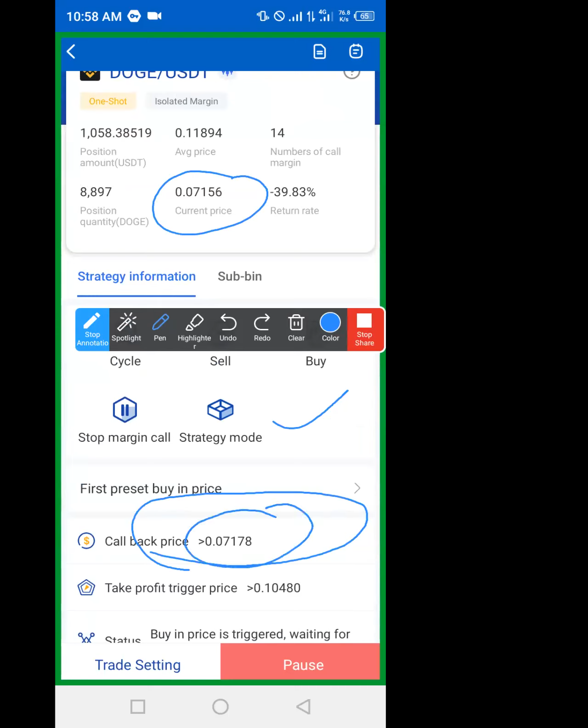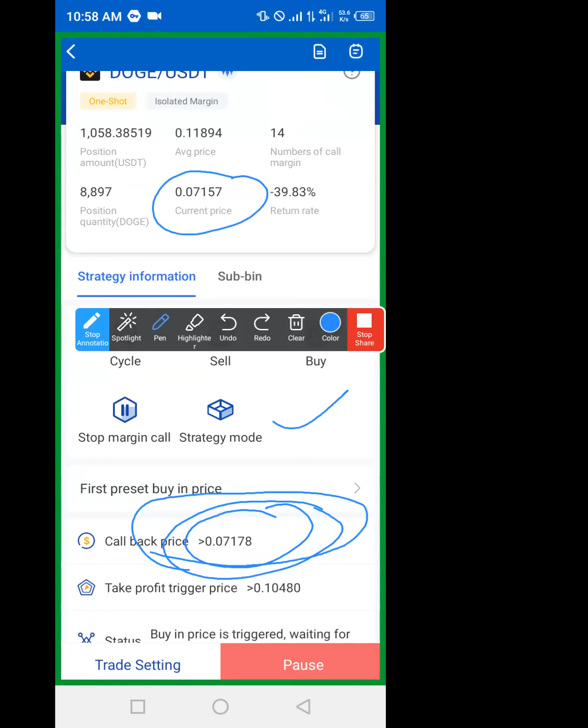When there is money, it will buy. Now it is at 0.07156, but we want 78. If it doesn't reach 78, it will not buy the 14th margin call until 78 is reached. That is the callback price.